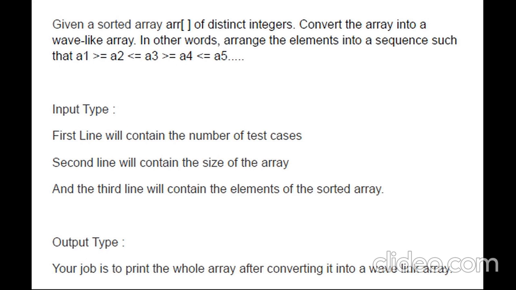Okay, so now I'll move to the notepad and tell you what this wave array is. Let me tell you what the input and output are. If you are given an array of size 5 and the elements are 1, 2, 3, 4 and 5, the wave array of this input is 2, 1, 4, 3 and 5.